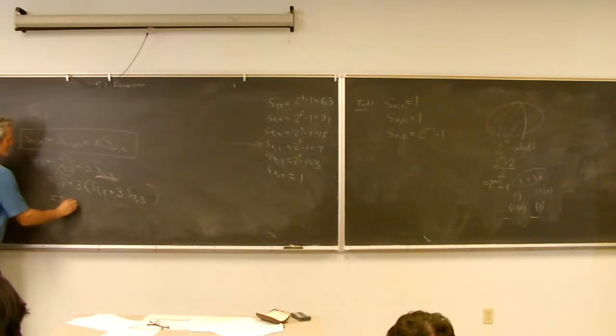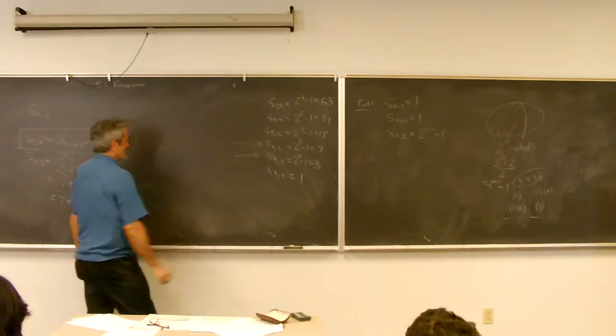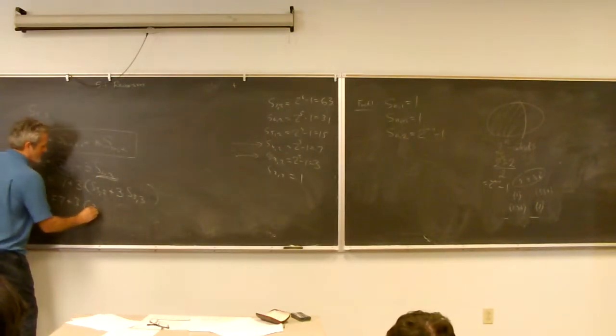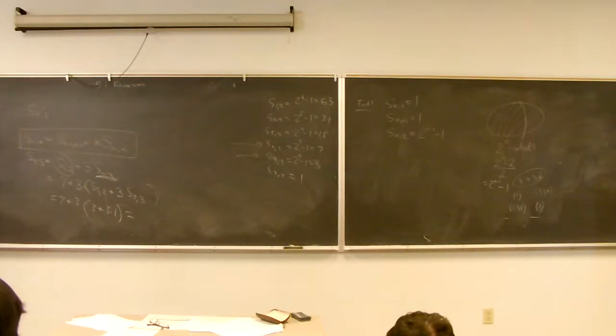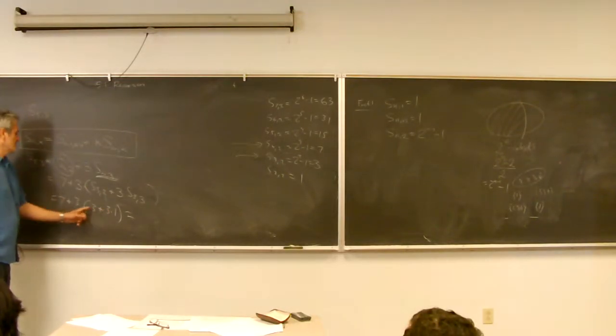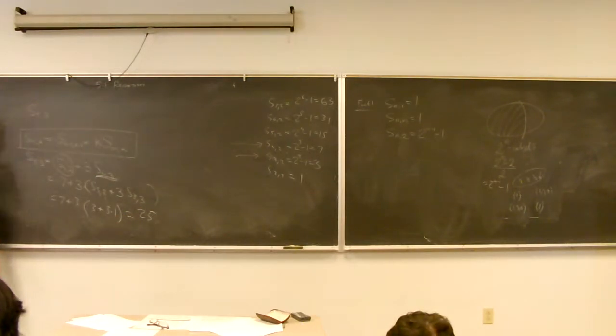So it's 7 plus 3 times S(3,2), which is 3, plus 3 times 1, and that's it. This is 25. I think so. 3 and 3 is 6 times 3 is 18, and 7 is 25. Here it is. So 5 persons, if you want to separate them into 3 teams, you can do it in 25 different ways.